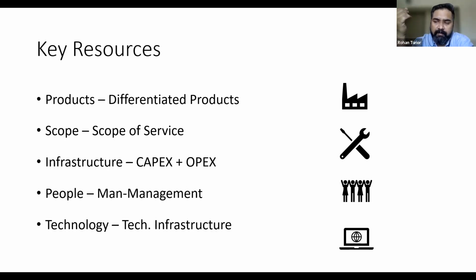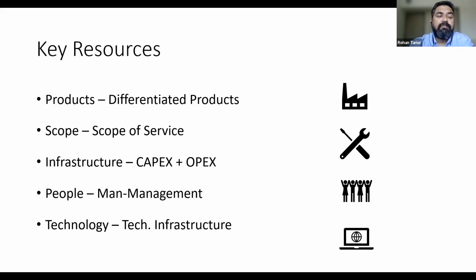Two, other resources to increase the revenue stream, like differentiated products. What differentiated products can you offer? That can be one of the key resources to increase the revenue stream.